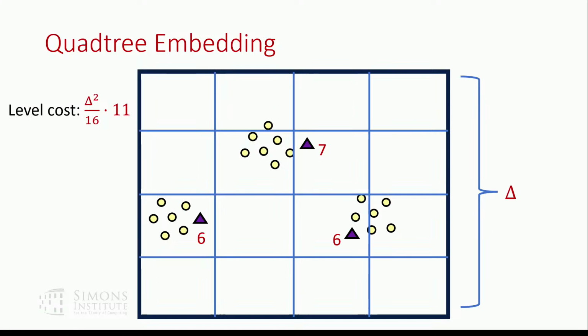And the probability that they're separated is roughly the distance between these 2 points. Now for k-means, the probability they're separated is still the distance between the 2 points. But the cost now is not the size of the cell, it's the size of the cell squared. And so you can work this probability out and see that there are arbitrarily bad distortions.